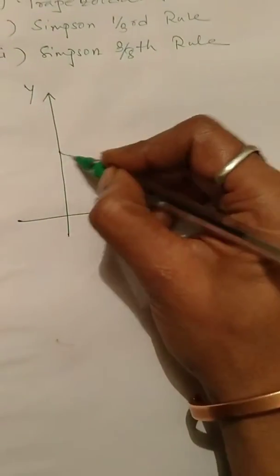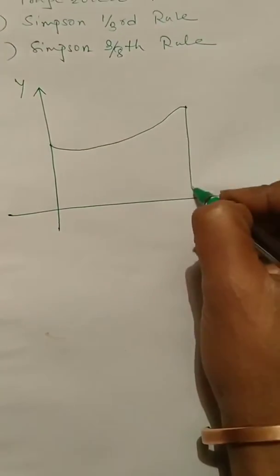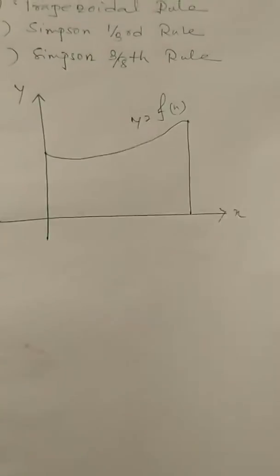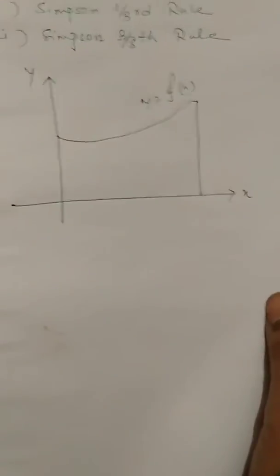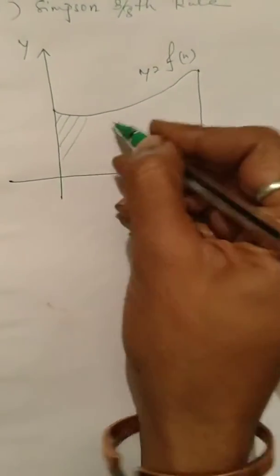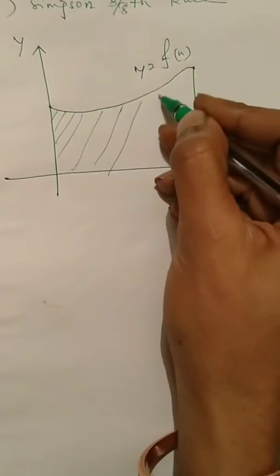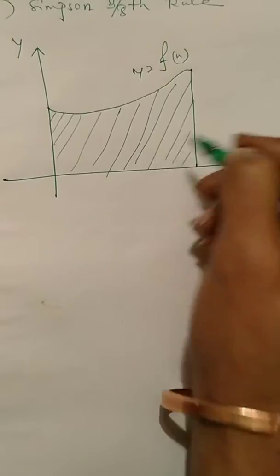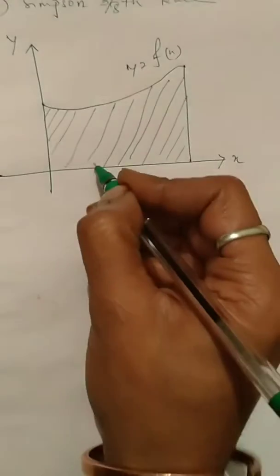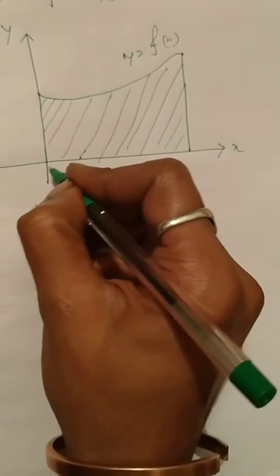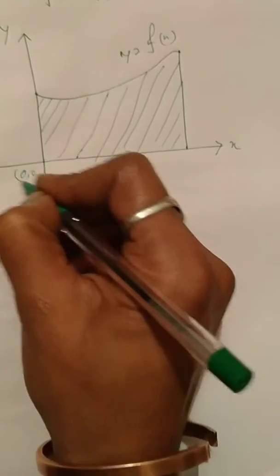Suppose this is a curve, y is equal to f(x), and if I want to find the area of this portion, then we have to integrate this. Now this is the x-axis, so this is the origin 0, 0.